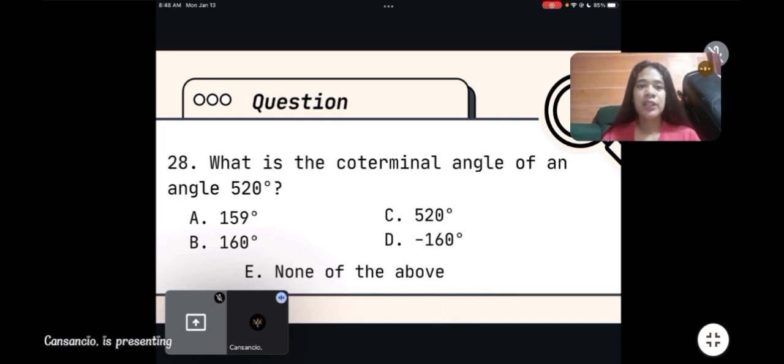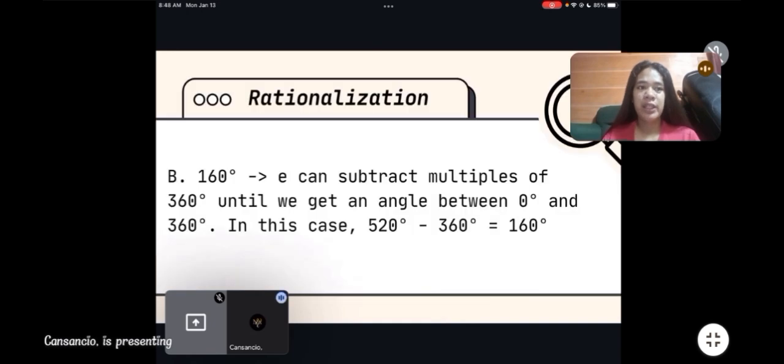So the answer is letter B, 160 degrees. You can subtract multiples of 360 degrees until we get an angle between 0 degrees and 360 degrees. In this case, 520 degrees minus 360 degrees is equal to 160 degrees.